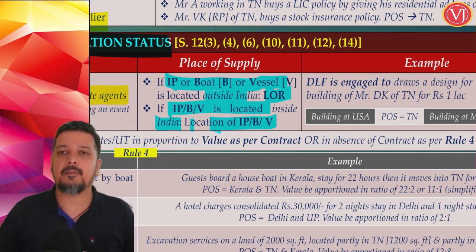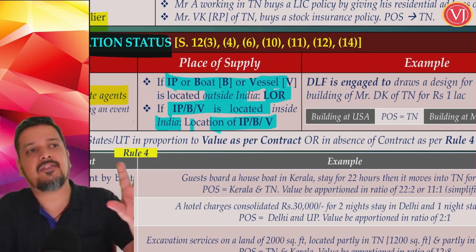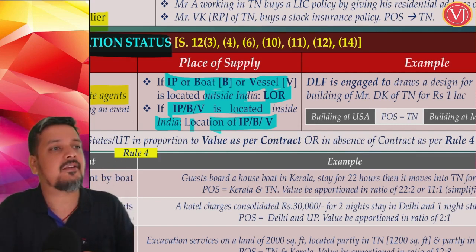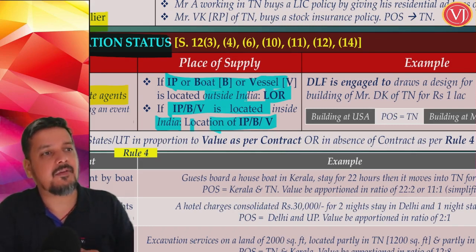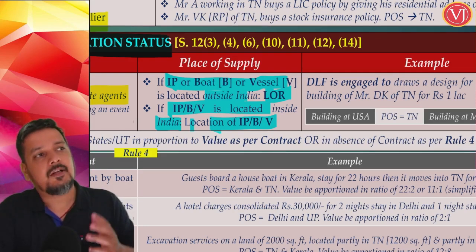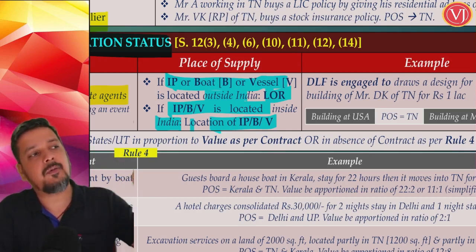I'll give a very simple example. I am an interior decorator for Taj Hotel to be constructed in Delhi. What is the place of supply? Whether the immovable property is there in India? Yes. What is the place of supply? Delhi. But for Taj Hotel, I am giving interior designing for a hotel to be constructed in USA.